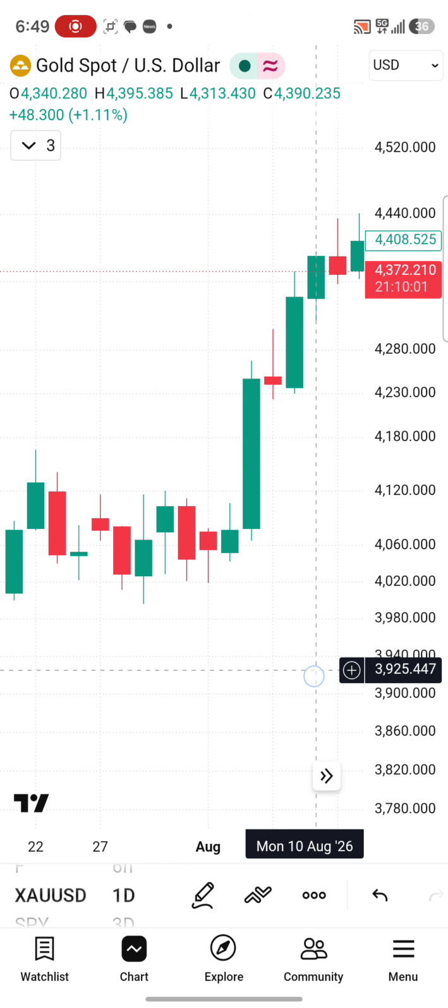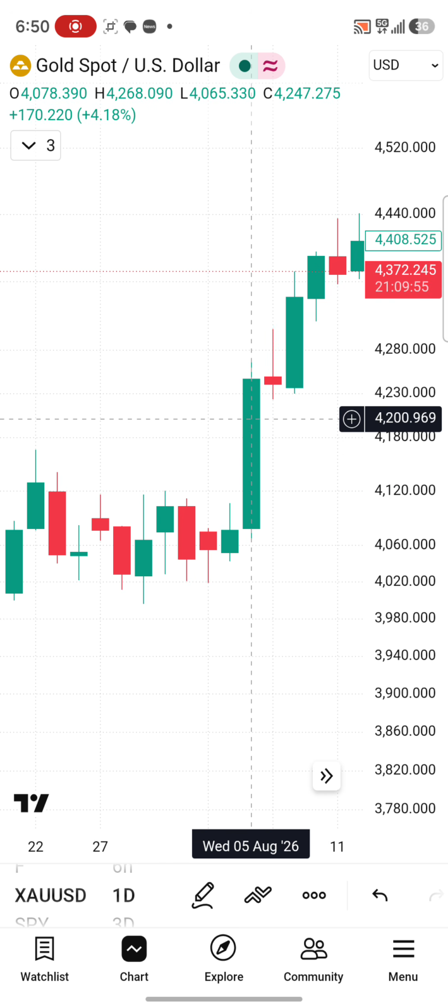Like I was saying, each candle has an open, high, low, close. Let's go back to that same candle. If you look all the way at the top, you should see black letters, OHLC. That's the open, high, low, and close.